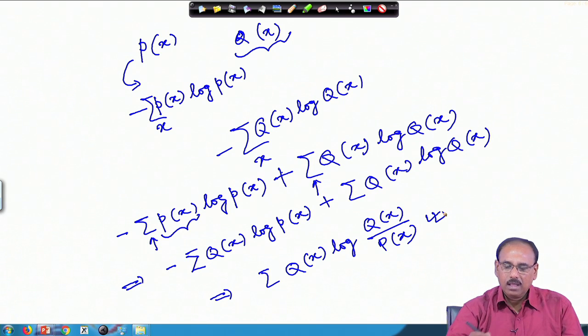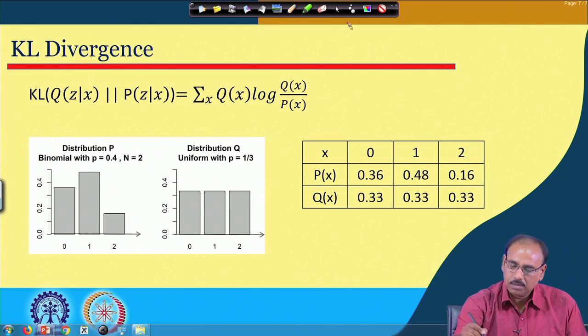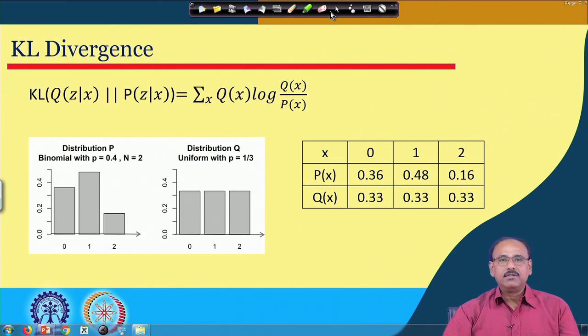So, let us come back to this: the KL divergence between q and p is given by the sum of q of x log of q of x upon p of x, taking the summation over x. And here is an illustration of how I can compute the KL divergence given two different distributions.